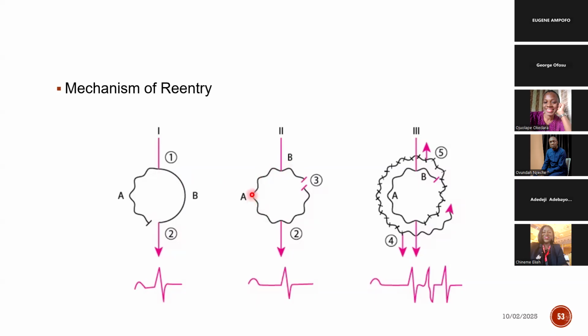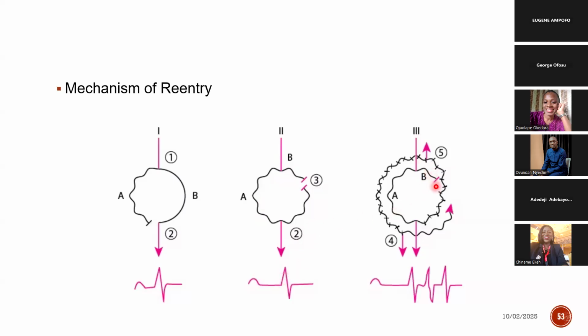Since the slow pathway has a short refractory period, the impulse will go through the slow pathway and cause the stimulation of the myocardium. At the same time, it goes up through the fast pathway, and it's likely to meet the fast pathway in the refractory period, so that gets terminated. And this leads to what is termed the PVC.